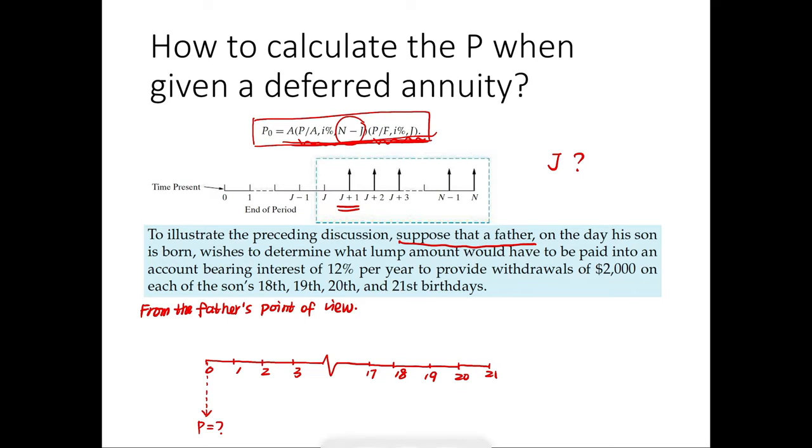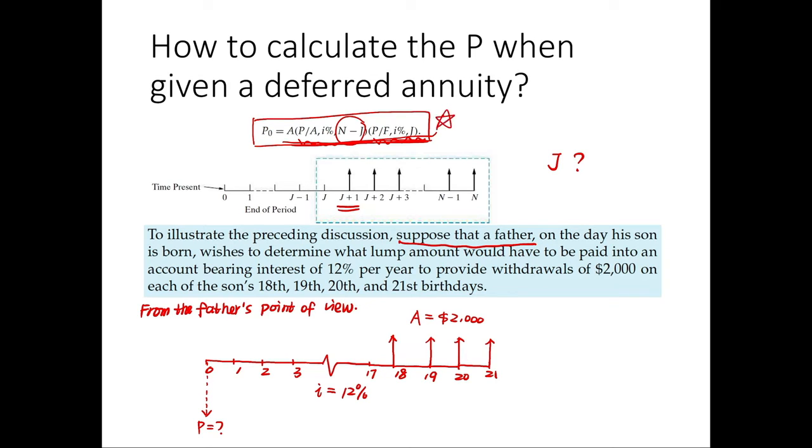The arrow is going upward. Okay, so it's gonna be small arrows like this, but the same length for the 4 years. And then that's the A, and A is 2,000. Okay, and you know that the I is 12%. So now you need to know, okay, what is the P?